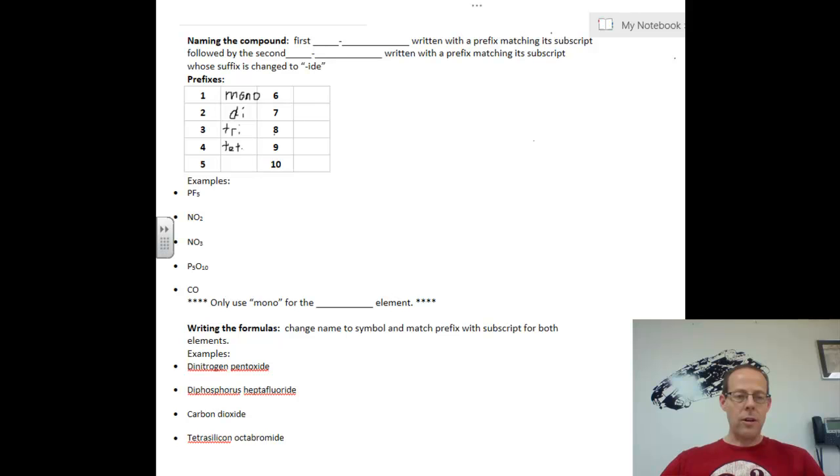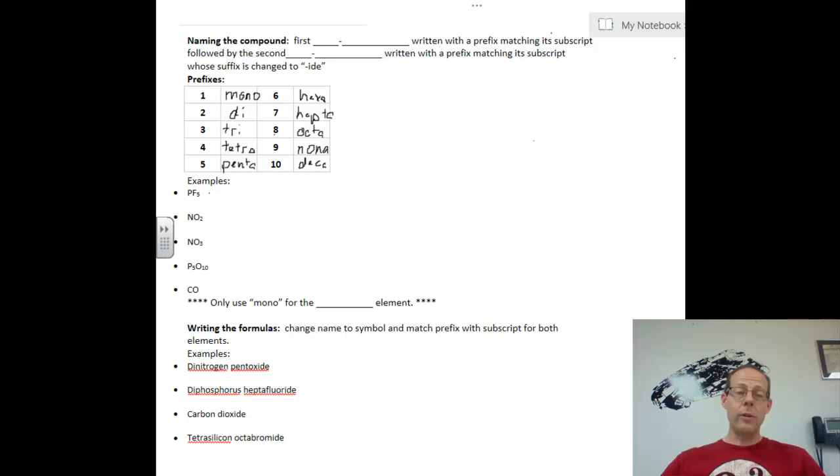So the game Tetris, all those shapes are four squares arranged in various arrangements. 5 is penta. 6 is hexa. 7 is hepta. 8 is octa. 9 is nona. And 10 is deca.